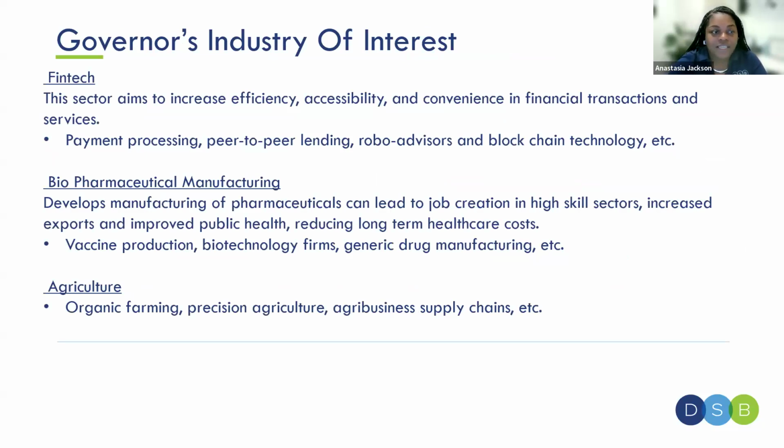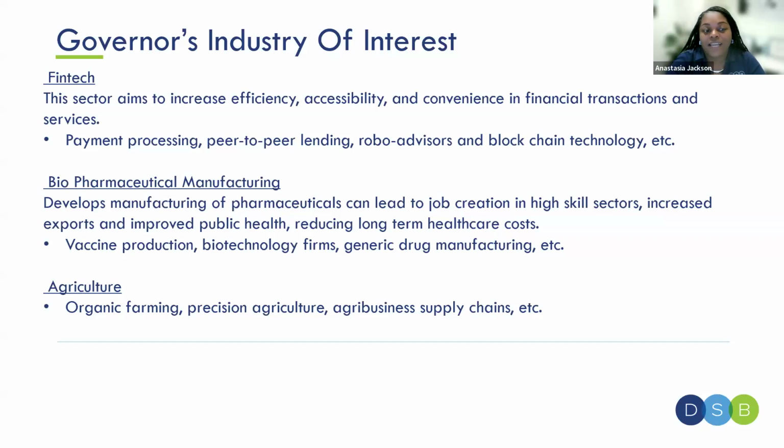Now we're going to take a bit of a deep dive into these industries of interest. When you look at fintech, this sector aims to increase efficiency, accessibility, and convenience in financial transactions and services. Some examples could be payment processing, peer-to-peer lending, robo-advisors, blockchain technology, and much more. Biopharmaceutical manufacturing develops manufacturing of pharmaceuticals that can lead to job creation in high-skill sectors, increased exports, and improved public health, reducing long-term health costs.